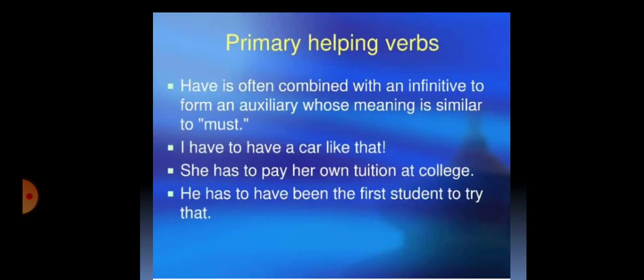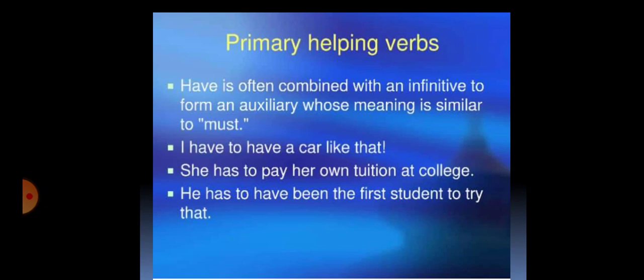Now, have is often combined with an infinitive to form an auxiliary whose meaning is similar to must. Like, I have to have a car like that. Here we are combining the infinitive.